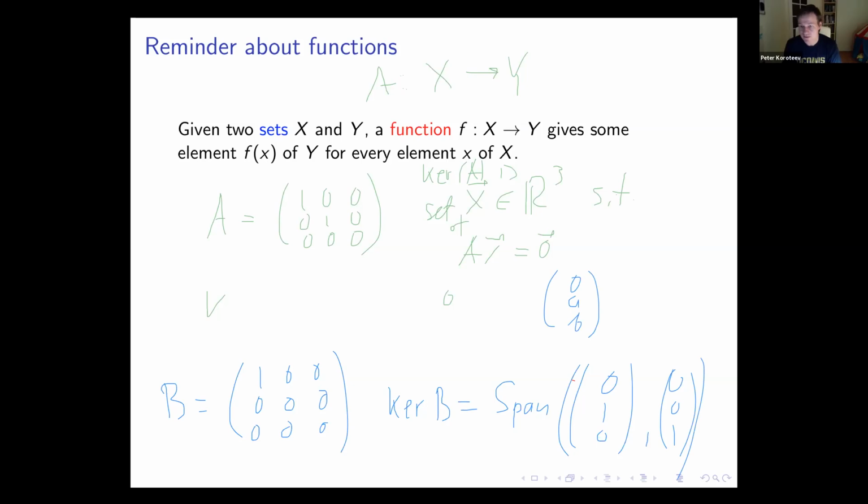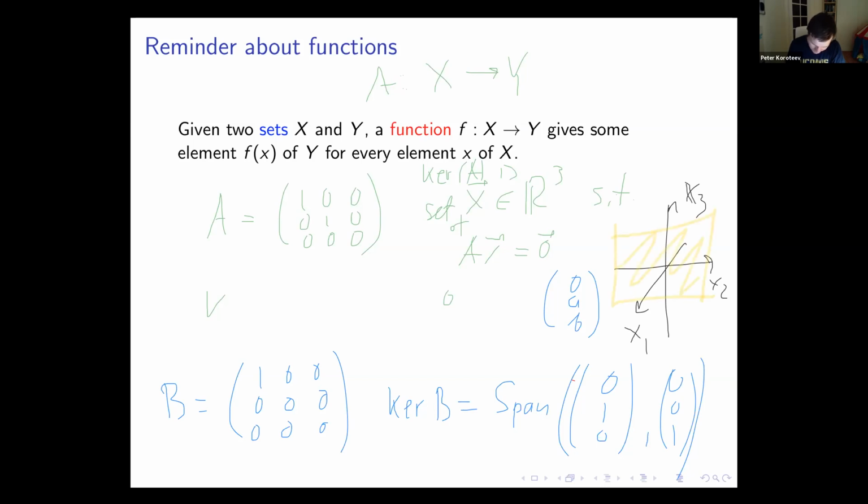So it's the YZ plane, right? It's a plane that is orthogonal to the x-axis. Here this is x1, x2, x3. So the entire plane here on the back lives in the kernel.